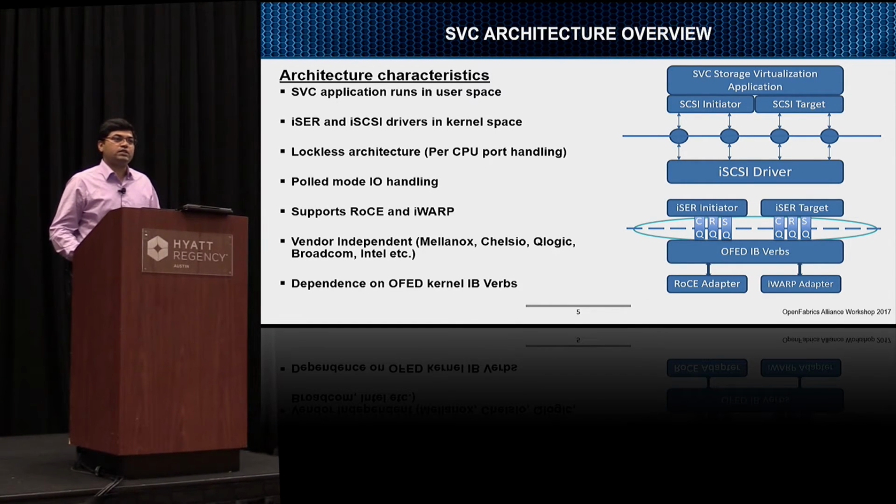What it means is, the IO ports are distributed across the CPUs that are available on the system. However, we tie the processing of a particular port to a CPU. That's mainly done because we want to operate in a polling mode. So all the IO transactions as well as connection management are polled by the application over a particular CPU.